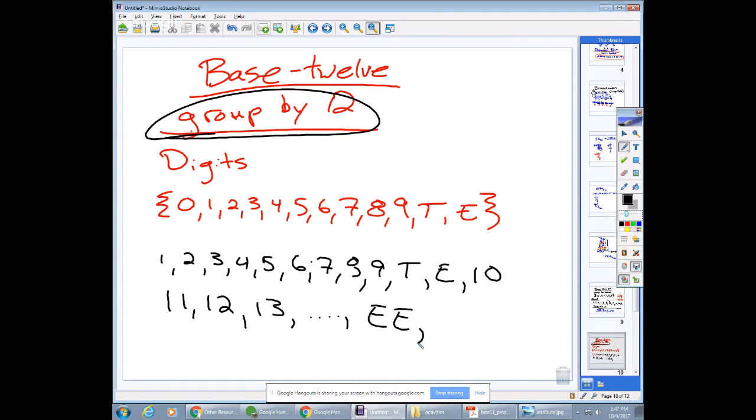So it's going to be like 100, but we're just going to call it 100. Okay. So let's think of how, in our number system, how much is 100? Well, let's see. We have our 1s. We have our 12s. What's the next place? 12 12s or 144. Yeah.